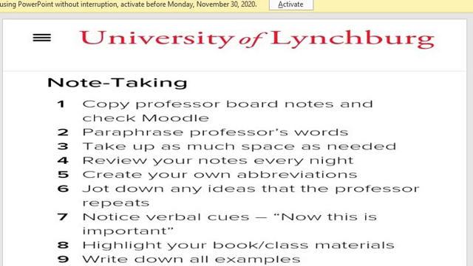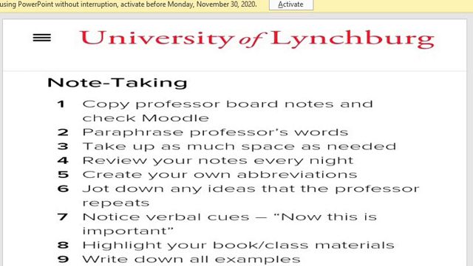The third point is: take up as much space as needed. The fourth one is: review your notes every night. Whatever you learn, whatever you are taught in the class, you have to read and rewrite every night.